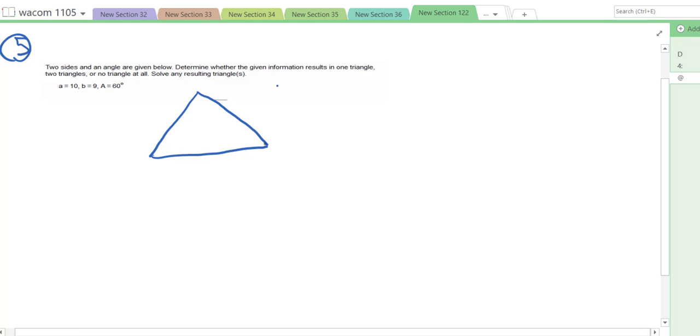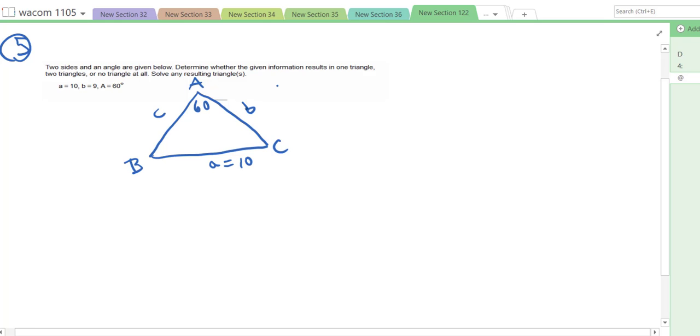All right, so we'll call this A, B, C. This should be A, and this should be B, and this should be C. My picture may not be realistic. This is 60 degrees. This side is 10.